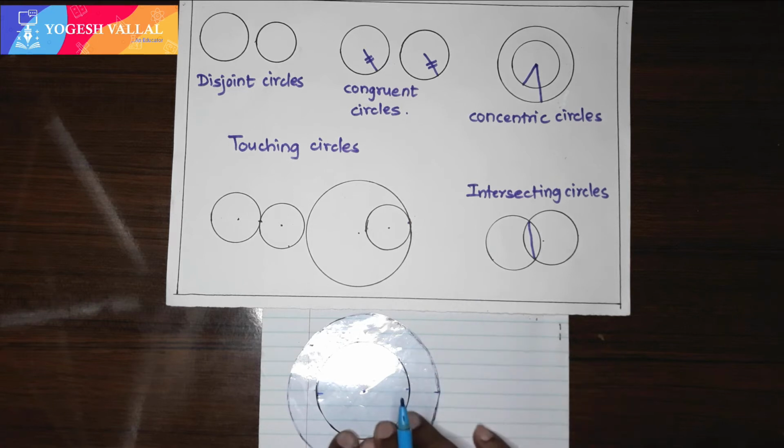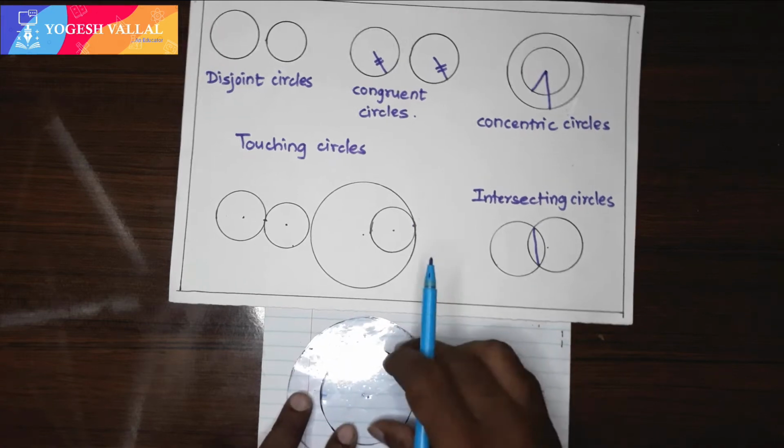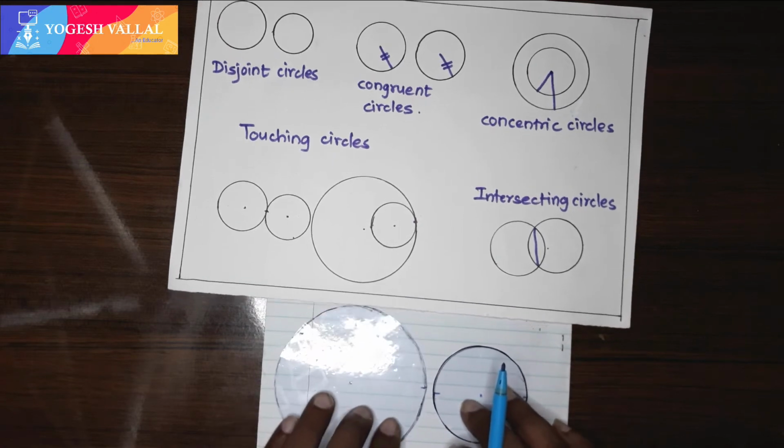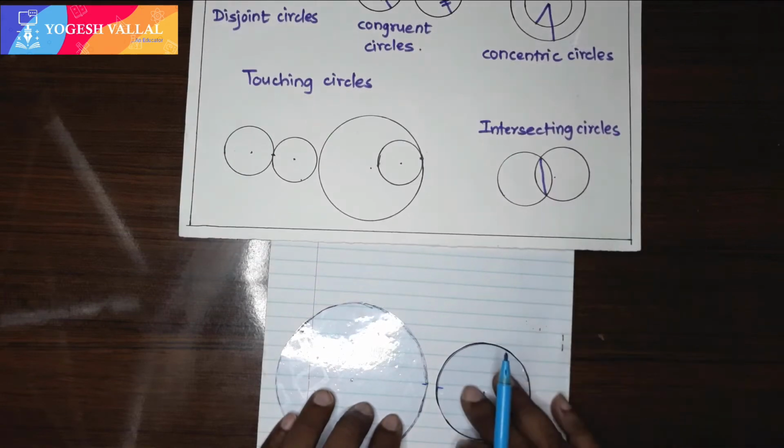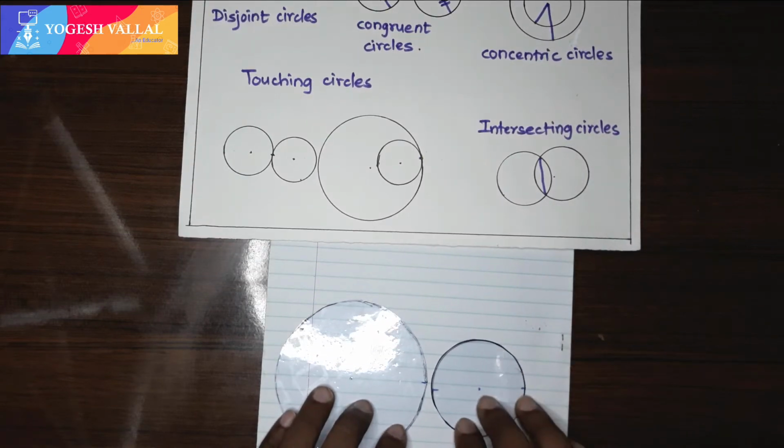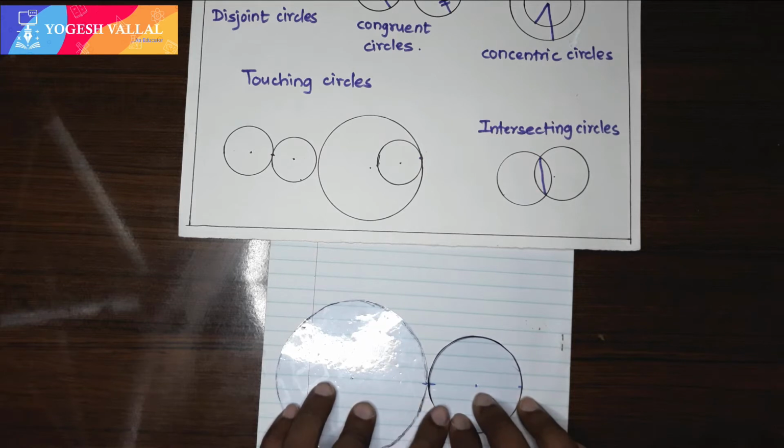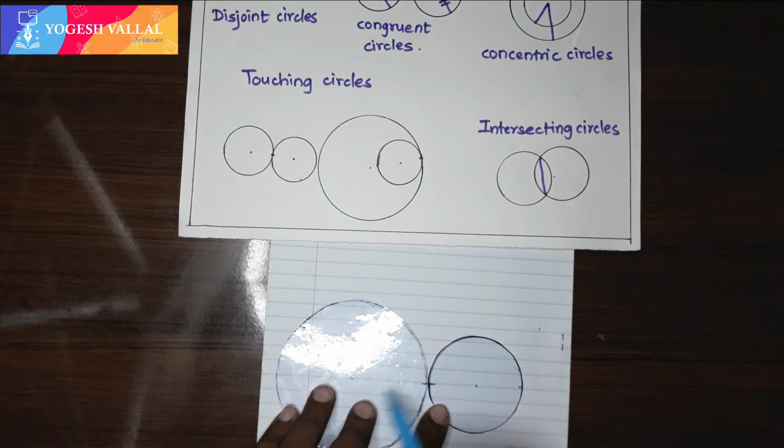Now let's observe, if I put these circles in this way, that is touching externally, we can easily observe that their point of contact is common and the centers and that point of contact are on the same line.